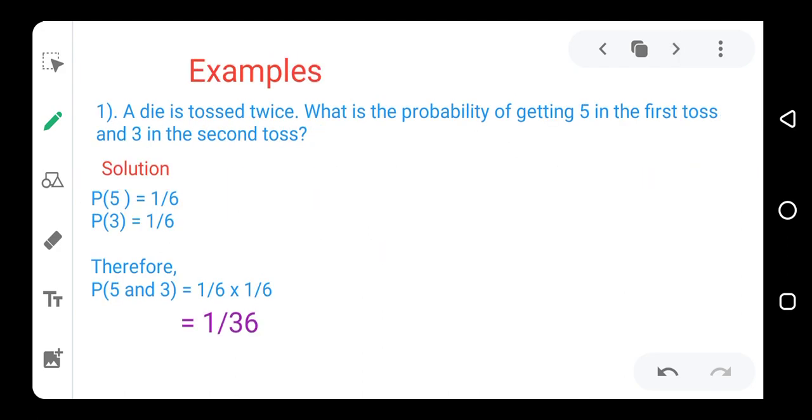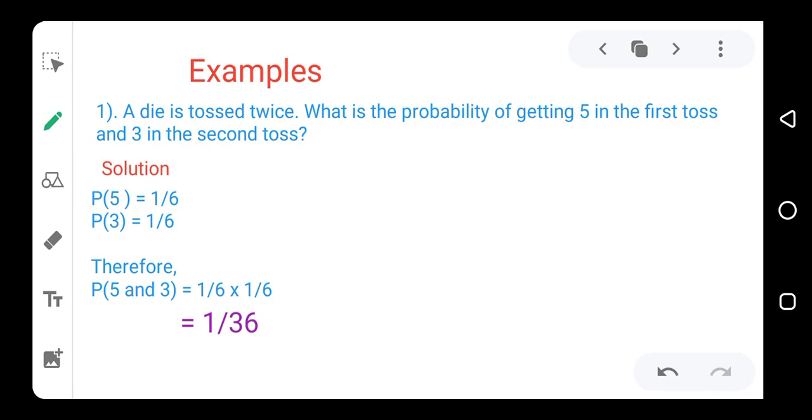Now let's see some examples. A single die is tossed twice. What is the probability of getting 5 in the first toss and 3 in the second toss?